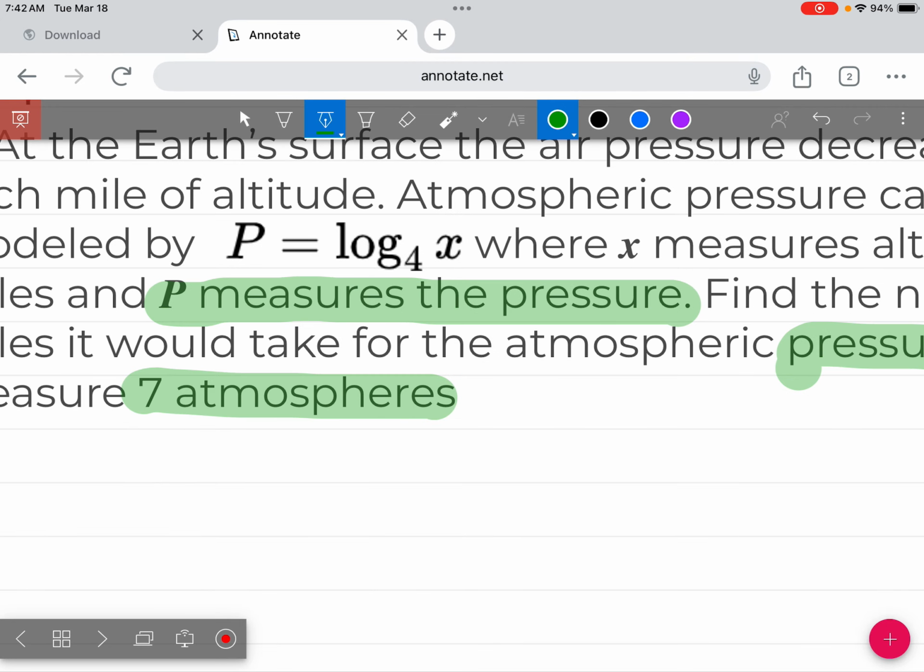So make sure we're being careful when we substitute pieces in. We're going to write our equation here as 7 equals log base 4 of x.